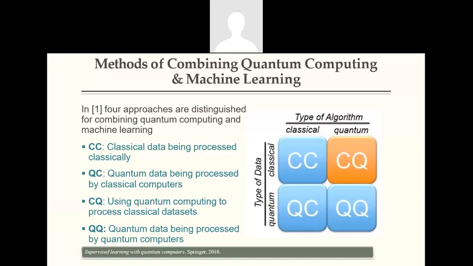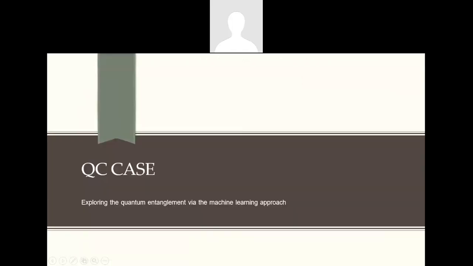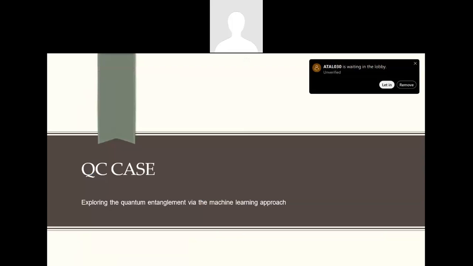Here what we see, QC. So we will see one example, QC. Quantum data being processed by classical computers. Q means quantum and C is classical. QC case. This explores quantum entanglement using a machine learning approach.